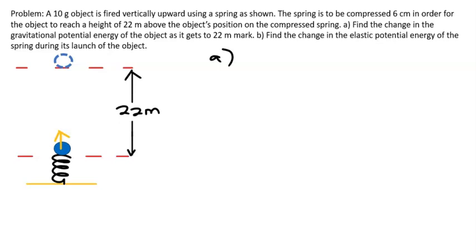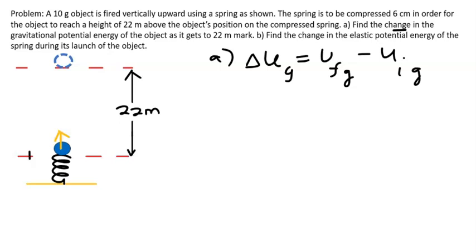Now, if we want to determine the change in gravitational potential energy, we need the final gravitational potential energy minus the initial gravitational potential energy. So let's look at the initial and the final positions of this object.